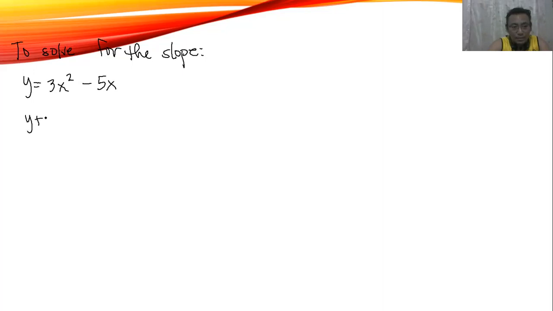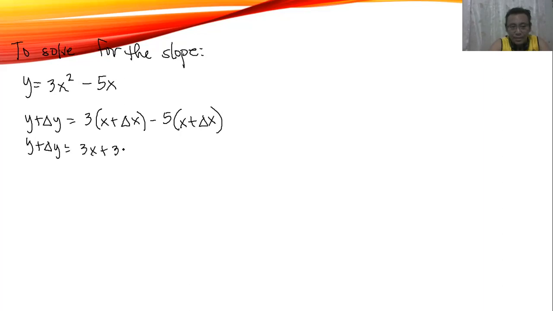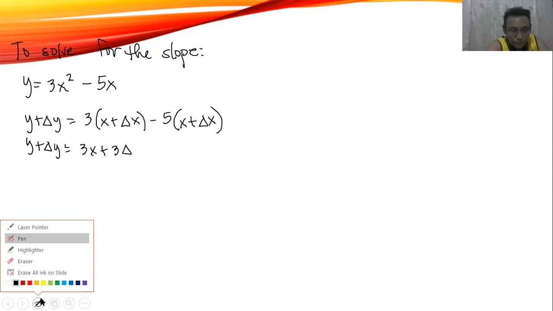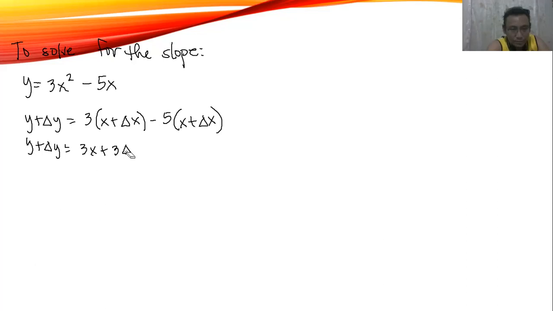So we have y plus delta y is equal to 3 times the quantity x plus delta x squared minus 5 times x plus delta x.